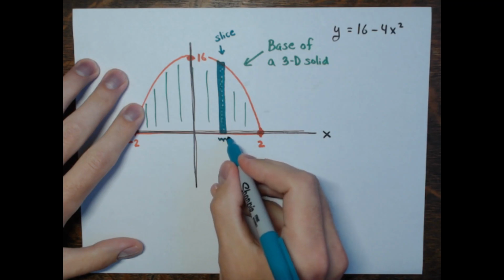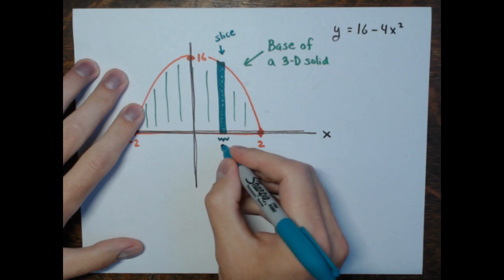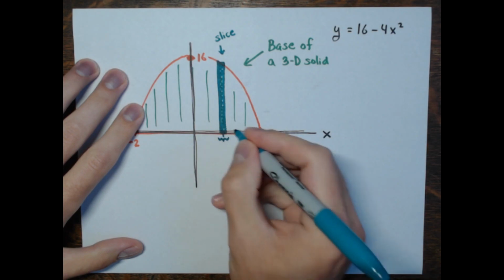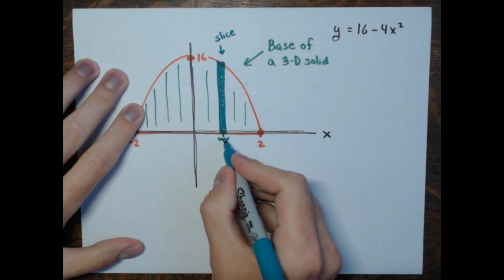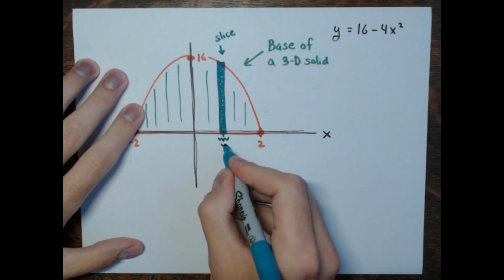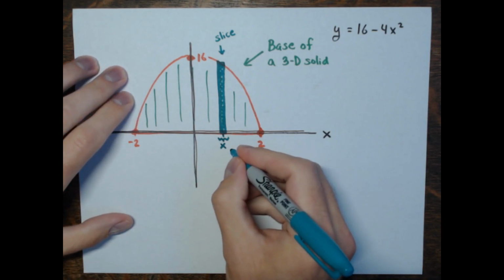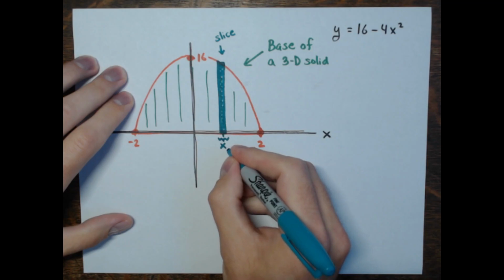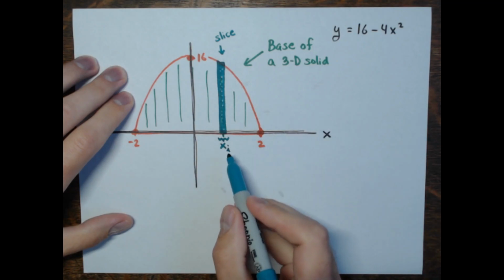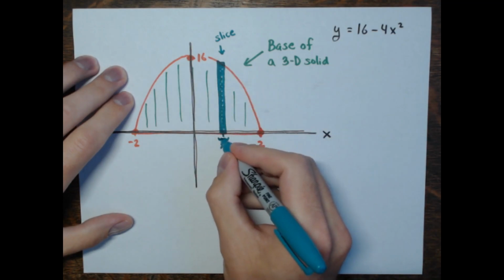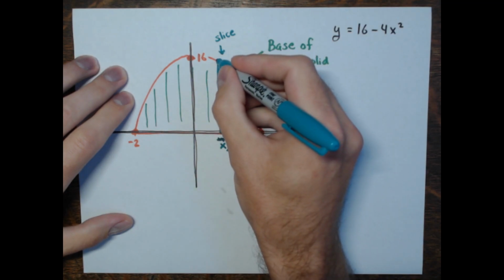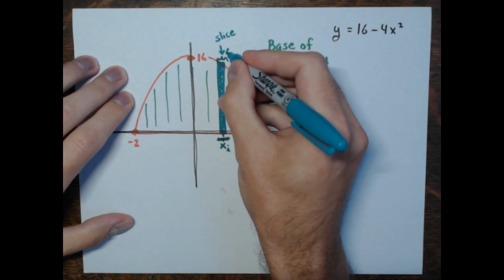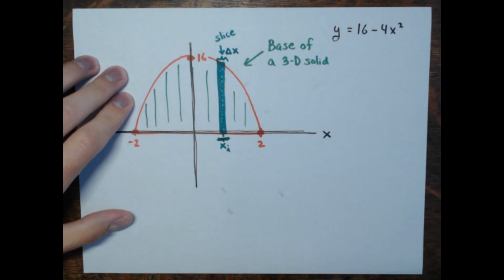We'll call the thickness of this slice, and I'll do it above, let's say the middle of the slice here is at a value called x, maybe x_i. And the thickness of the slice I'll call delta x.